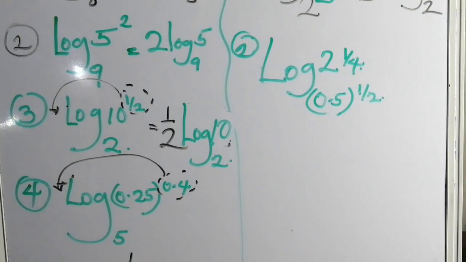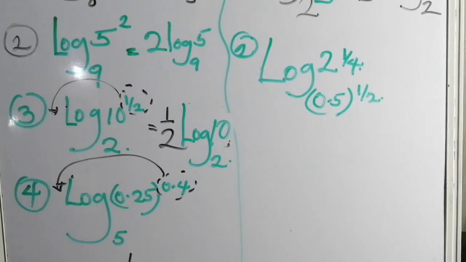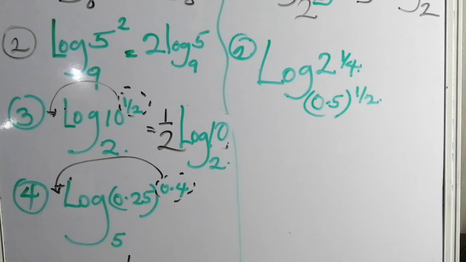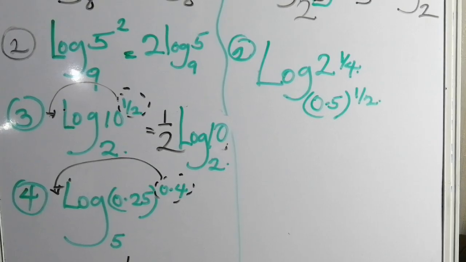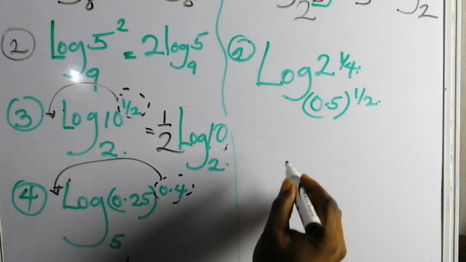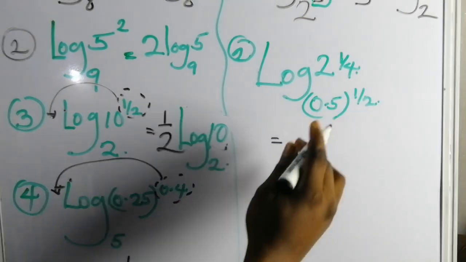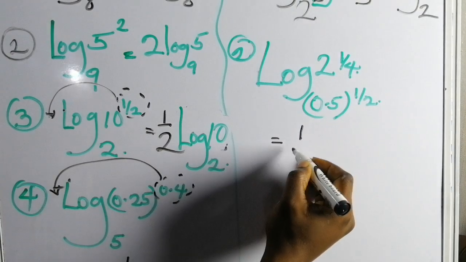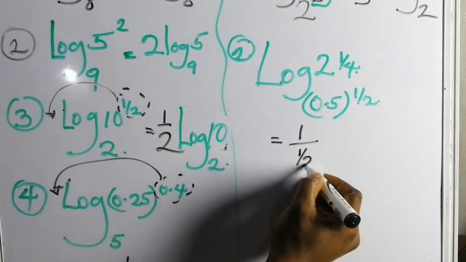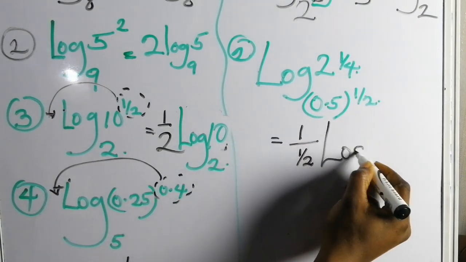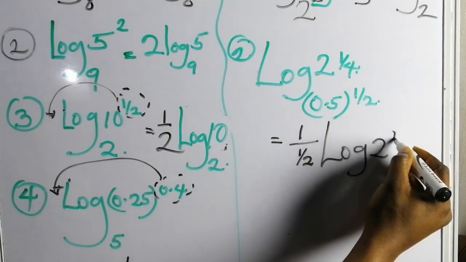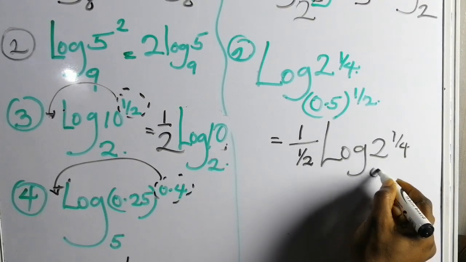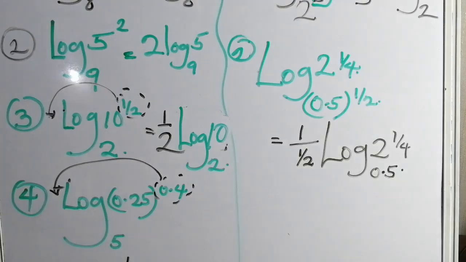This is the same thing as saying follow the law, because we are dealing with power of the basis. So what do we do? The inverse of the base power: 1 over 1 over 2 log 2 1 over 4 base 0.5.